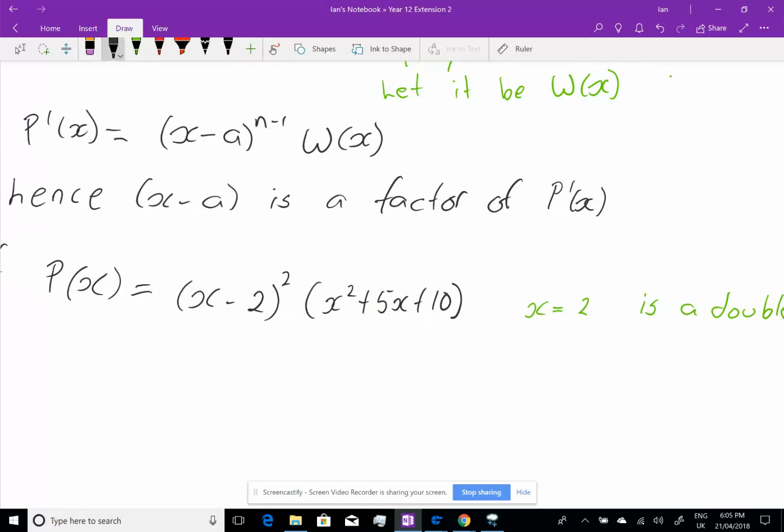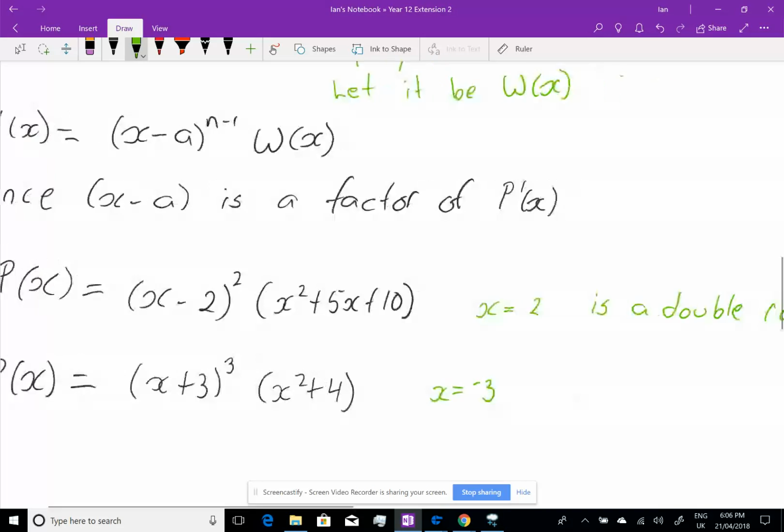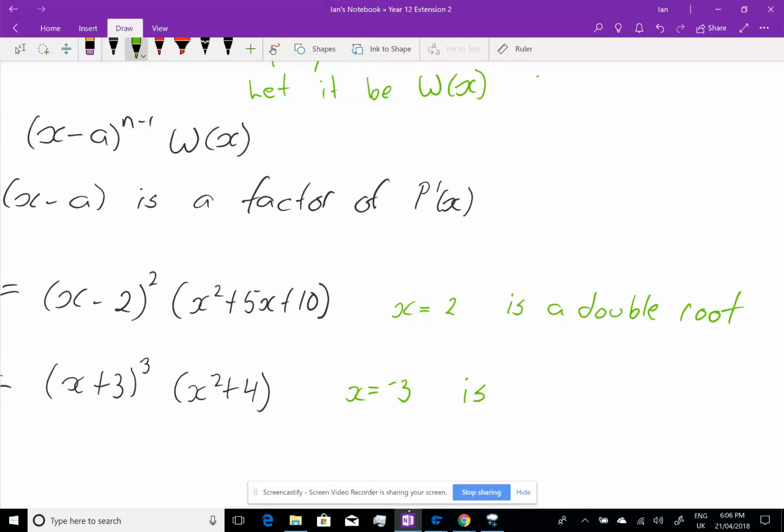Well, what about if p of x equals x minus, I don't know, we're going to use a different one to Patel. Patel uses x minus 2 again. I'm going to use (x plus 3) all cubed times (x squared plus 4). Well, x equals negative 3 is a triple root.